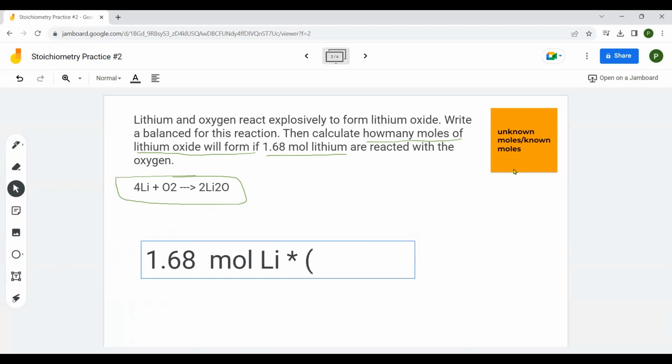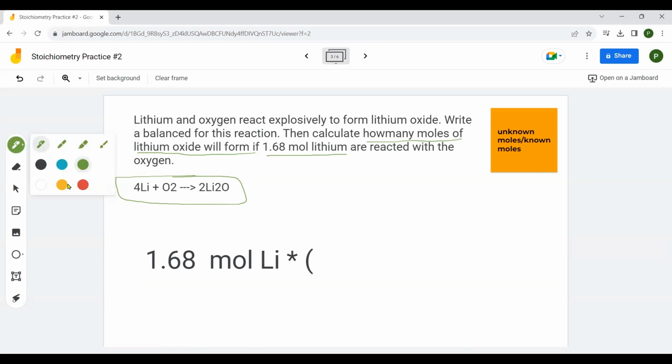Again, it's unknown moles over known moles. In this situation, we want to know how many moles of lithium oxide will form, so that is our unknown. So if I look over here at our ratio, lithium oxide and lithium, that is a 4 to 2 ratio.